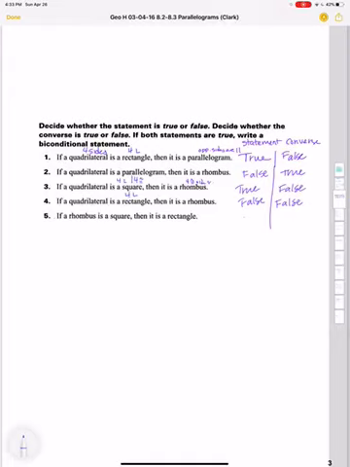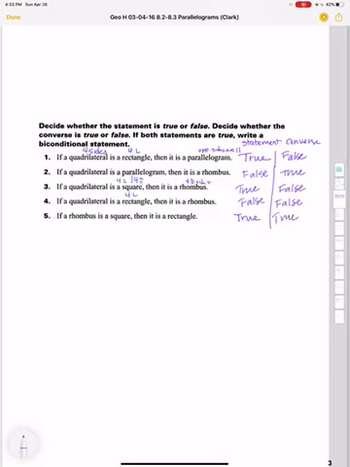If a rhombus, so that means it has four congruent sides, and then it's a square, then is it a rectangle? Yeah, is a square a rectangle? Yes, so true. If a rhombus is a rectangle, is it a square?